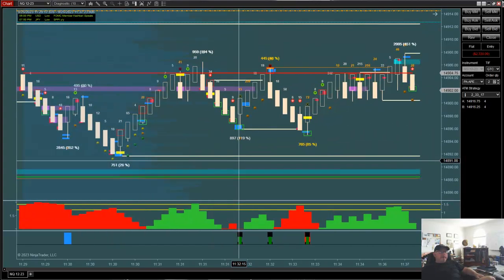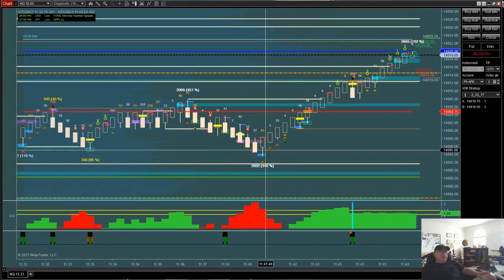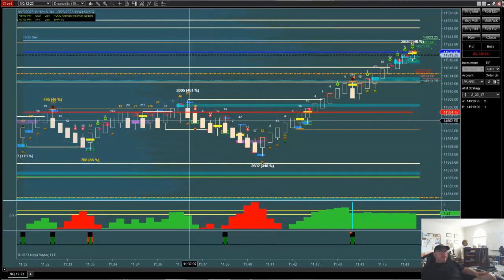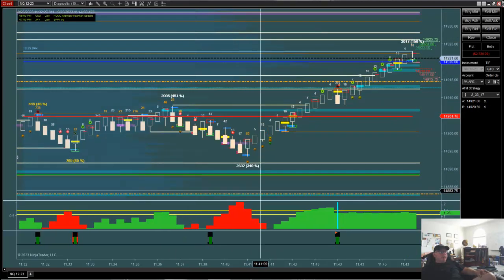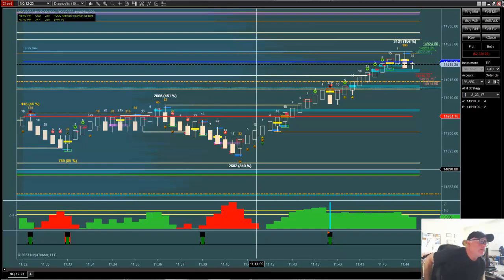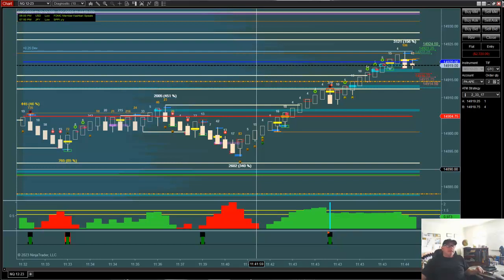I don't know how to read it. Obviously, I don't know how to read this. 540 right there. But it went down on 451 and then went up on, is that 540 or no, that's 340. 451 down, 340 up. This doesn't make any sense to me.